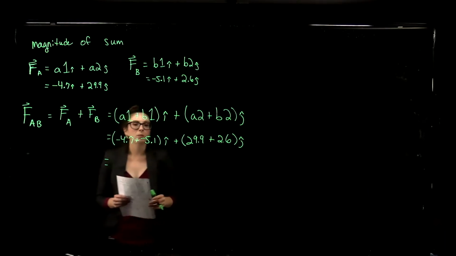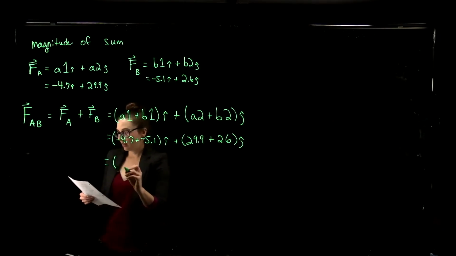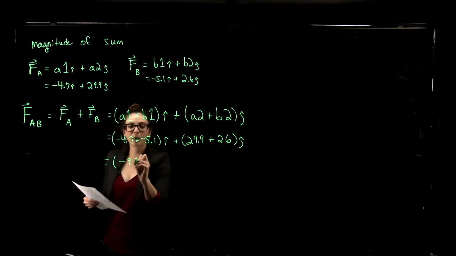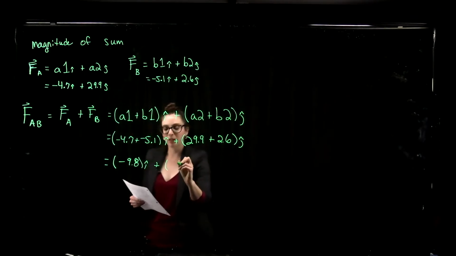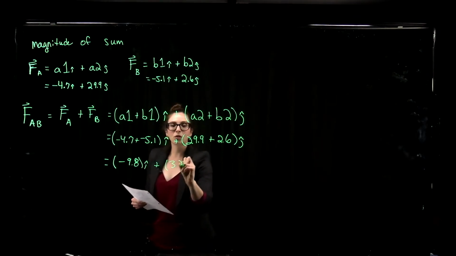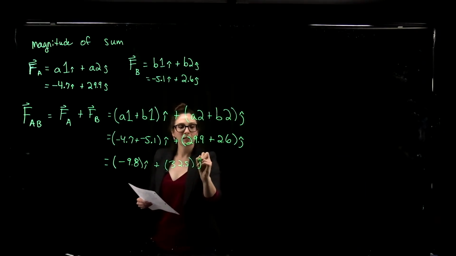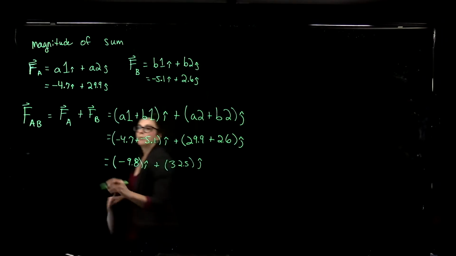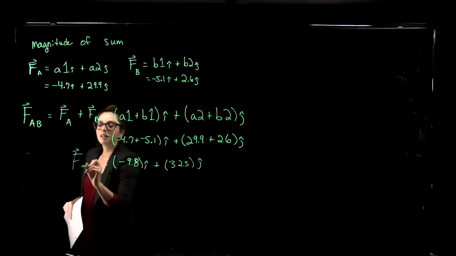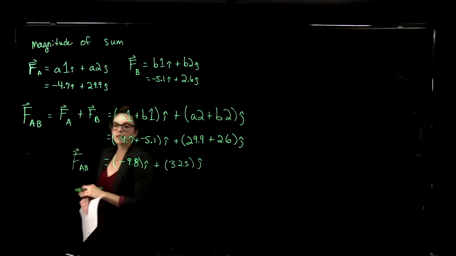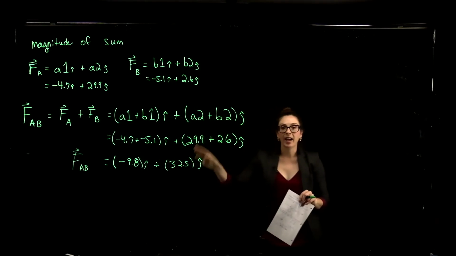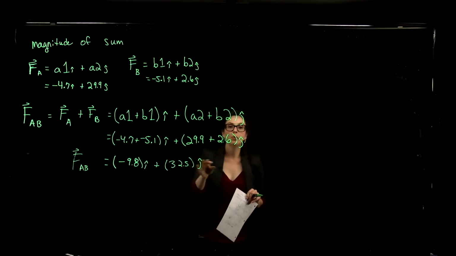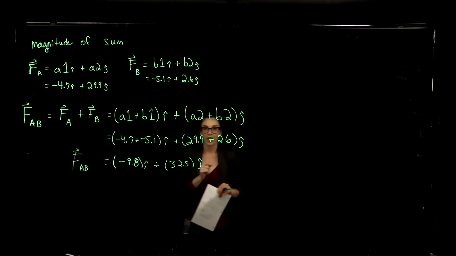Minus 4.7 plus minus 5.1 is minus 9.8 i-hat, plus the sum of these two numbers is 32.5 j-hat. So the sum of vector A plus vector B is negative 9.8 i-hat plus positive 32.5 j-hat.